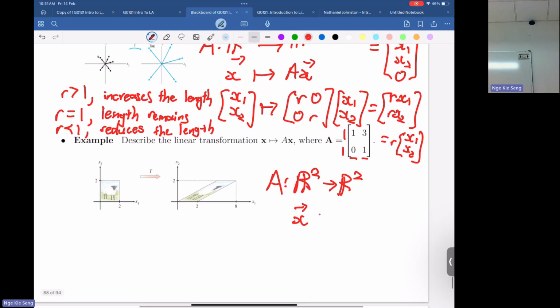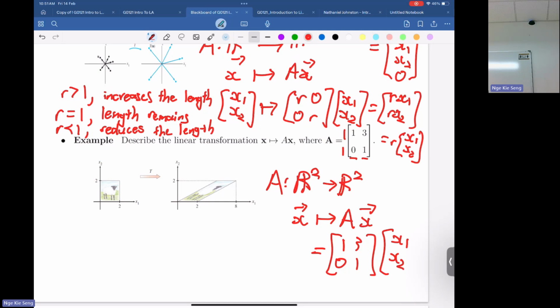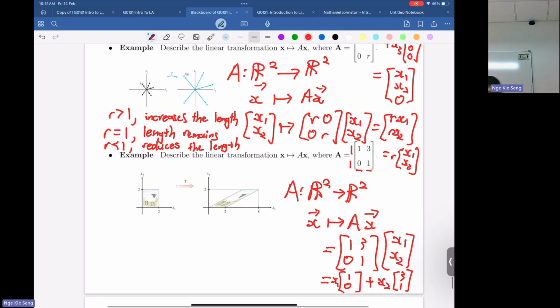If you have 1 3 0 1 here, you need two coefficients, meaning you need x1, x2 here. But the vector you produce has the number of rows you have. So the size of your domain is controlled by the number of columns, and the size of your codomain is decided by the number of rows, because this is the size you're going to.